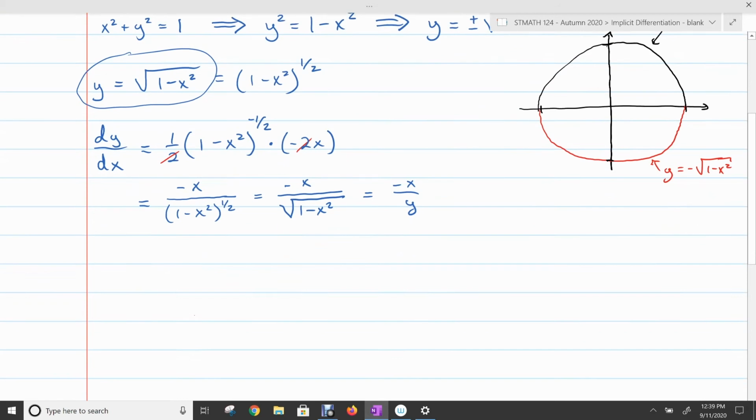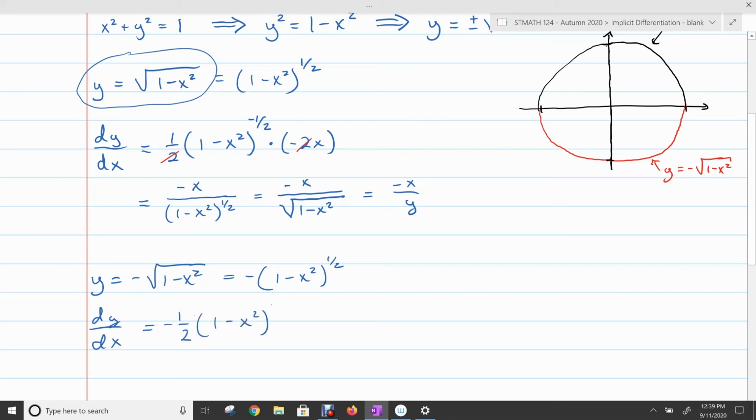And we would get exactly the same result if we did it for the other half of the circle. If y is negative the square root of 1 minus x squared, that's negative (1 minus x squared) to the 1/2. Differentiating it is almost identical except for the minus sign, right? So I bring the 1/2 down, I have a negative, 1 minus x squared to the negative 1/2 times negative 2x.